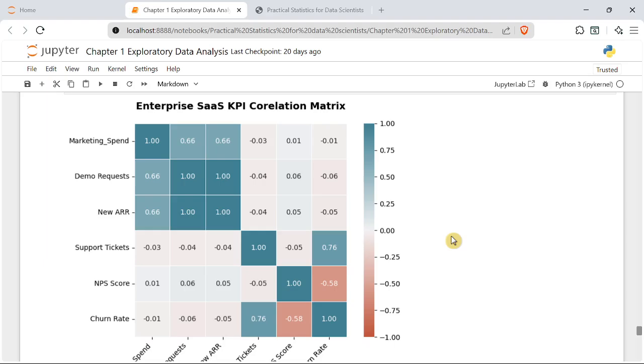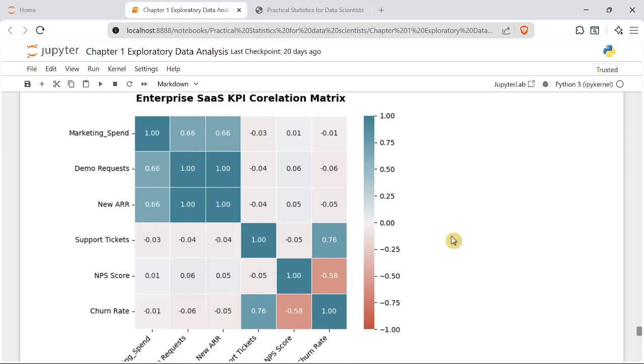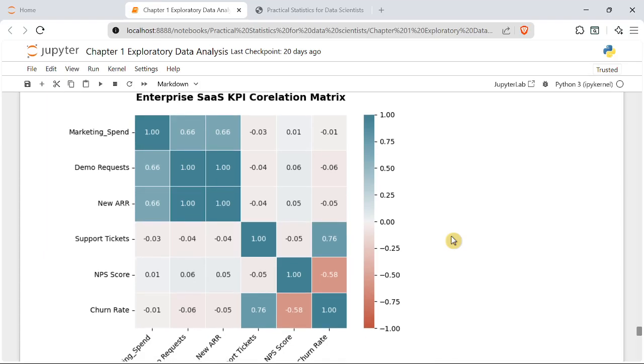First, looking at the revenue engine, our model proves a strong positive correlation, represented by blue hues on the diverging palette, flowing directly from marketing spend to demo requests and ultimately to new ARR. This quantitatively validates that our top of the funnel marketing investments are effectively translating into closed business.